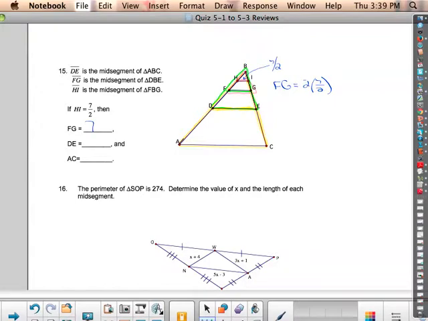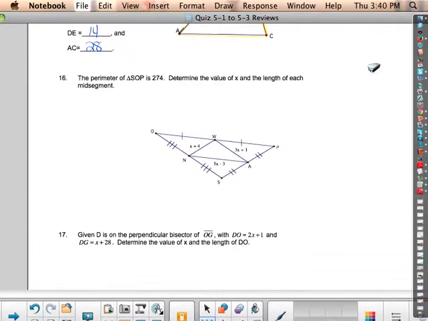Then we know that FG is the mid-segment of triangle DBE. So therefore, DE must be 14 because FG would be half the length of DE. And finally, DE is the mid-segment of triangle ABC, making the length AC equal to 28 units.